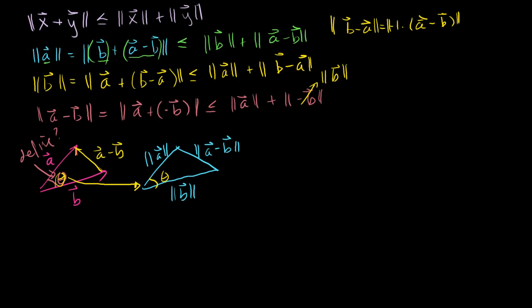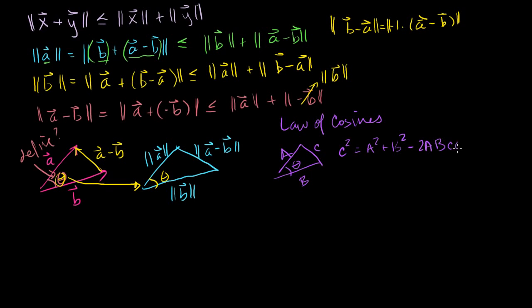Well, sure. If you remember from your trigonometry class, and if you don't, I've proved it in their playlist, you have the law of cosines. I'll do it with an arbitrary triangle right here, just so I don't confuse you. So if this is side a, b, and c, and this is theta, the law of cosines tells us that c squared is equal to a squared plus b squared minus 2ab cosine of theta.